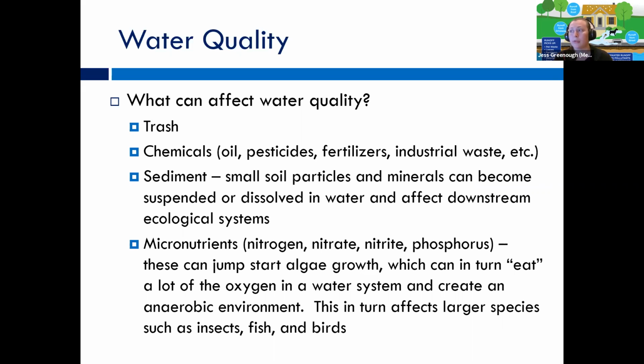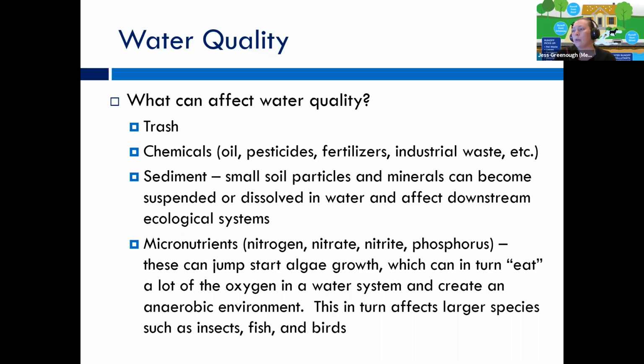One is chemicals, and that can be anything from oil you spilled in your driveway when you were working on your car, to the fertilizers that we're using on our grass, to pesticides, to industrial pollution, kind of anything in that realm. And then we also have sediment that can be very harmful, which is just very, very small, minuscule suspended particles of dirt, basically.